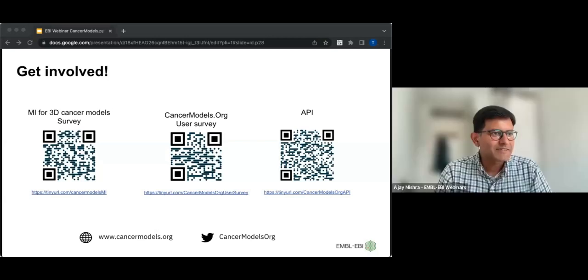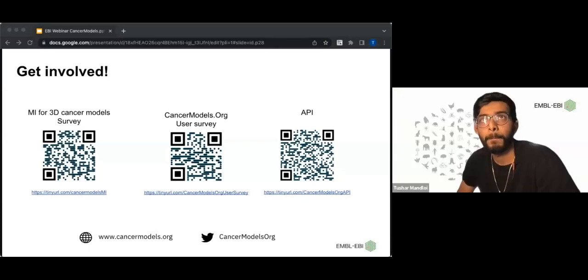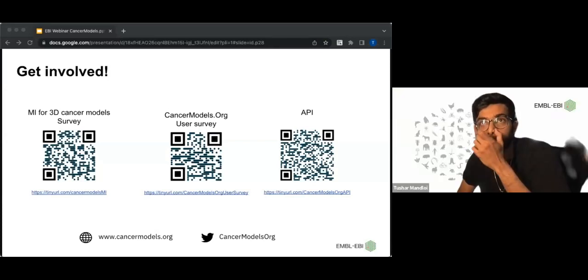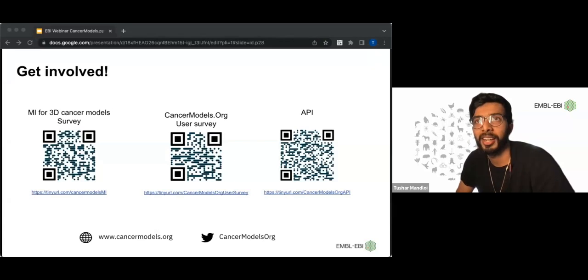All right. So next question is, we have the NCBI GEO database. If I want to compare healthy versus diseased or cancerous cells, how is it different from GEO? I guess, how is your cancer models platform different from GEO? That is a really good question.